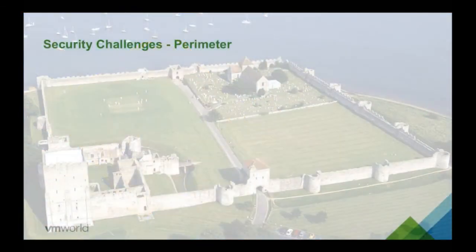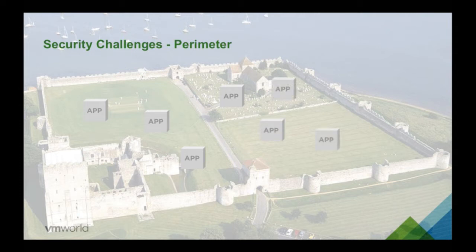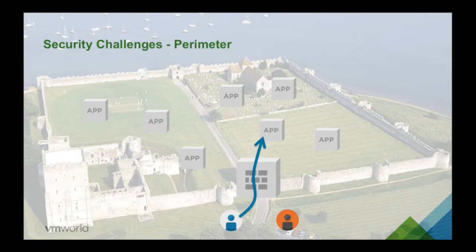When we see our data center today, it looks like this, right? A medieval castle, with all the apps inside this castle. And we have a really strong and fortified gate that can allow users to enter, but we know that we also have a lot of attackers trying to enter. But what's happening inside, right?